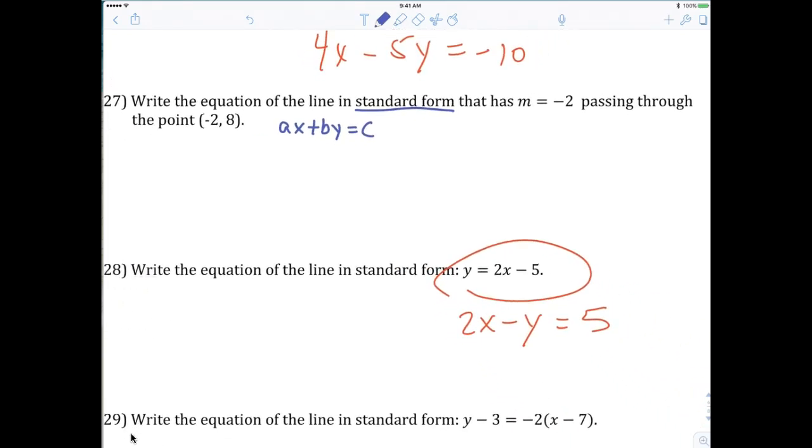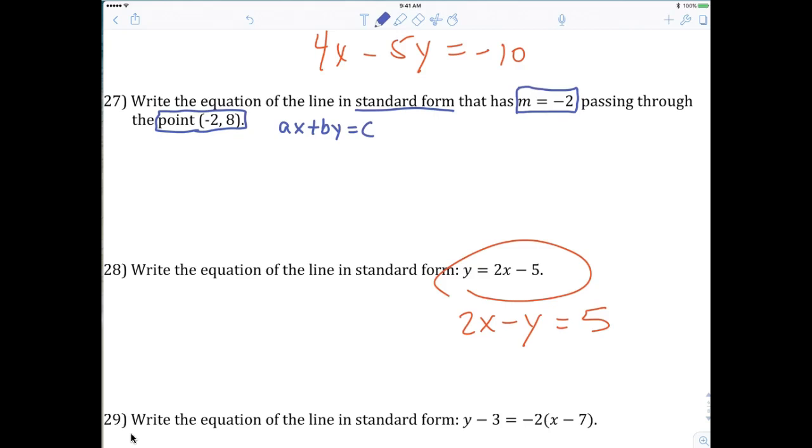We have a slope and a point. Very good. We have a slope and a point, so we're going to put it in point slope first. Thank you, Maxine. That's how simple it is. It's all logical. I have a point and I have a slope, so I should just put the answer in point slope and be done.